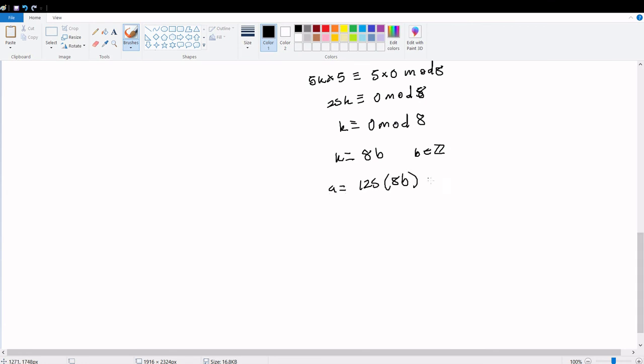Substituting k in here, A is equal to 1000b plus 7, and we want to find A mod 1000, so A mod 1000 is 7. Since this is the AIME, we're going to finish off the problem. We answer 007, and we are done.